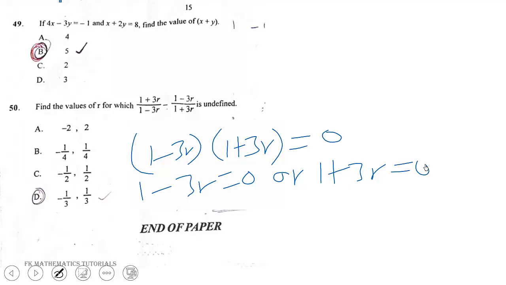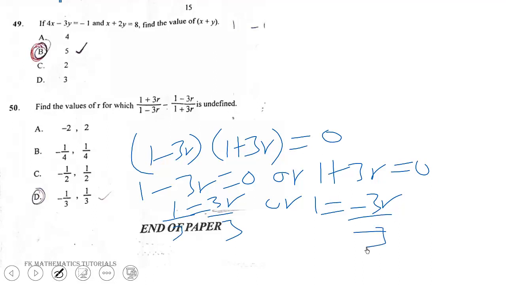So we have 1 is equal to 3r or 1 is equal to negative 3r. So dividing both sides by 3 and negative 3, we have r is either equal to 1 over 3 or r equal negative 1 over 3.